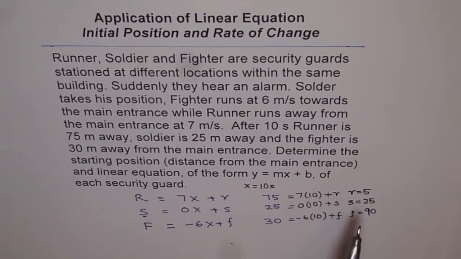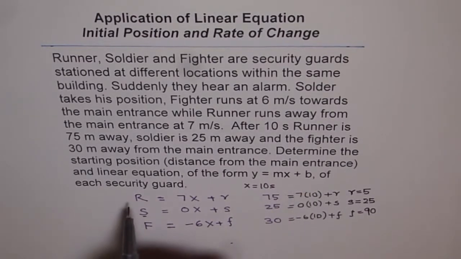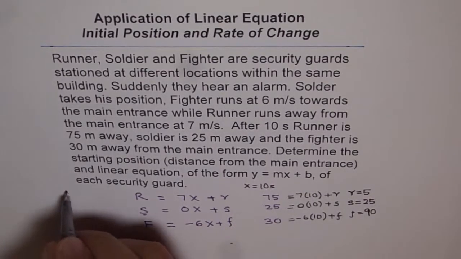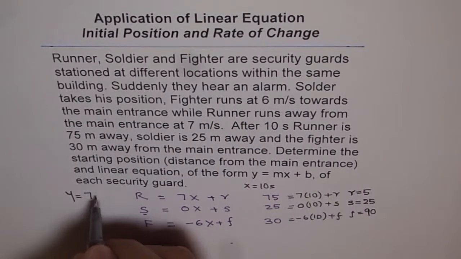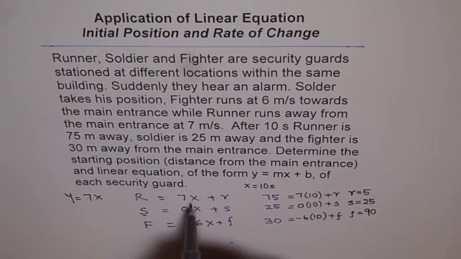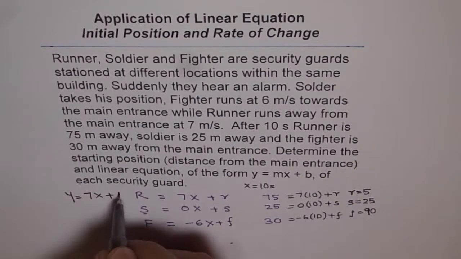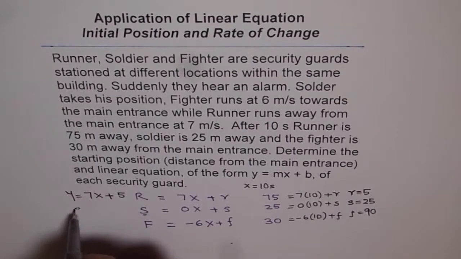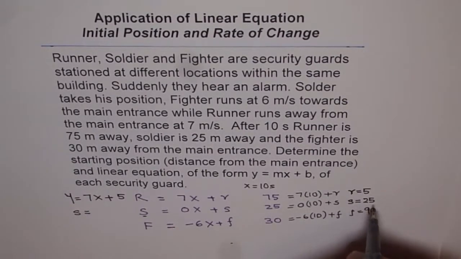Now once we know initial positions, we can write our equation, correct? So we have to basically substitute these values here. Our equations in terms of y equals mx plus b will be, for the runner, y equals 7x plus 5, as runner runs away and therefore the distance increases. For the soldier, it stays the same, which is 25.